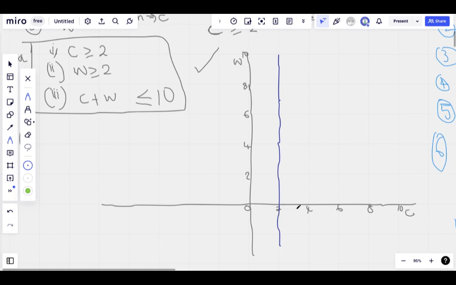Anything above this way, all this region is greater than 2 for the corn axis. So we should leave that side unshaded. So I'm going to shade all this other side.